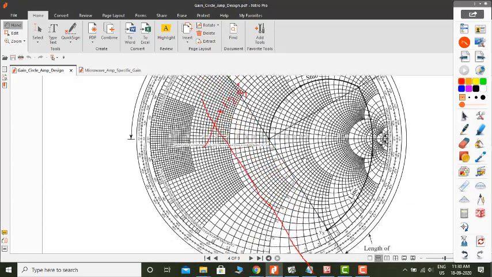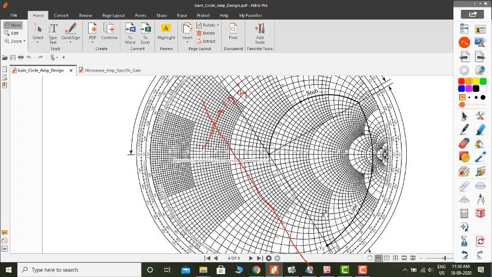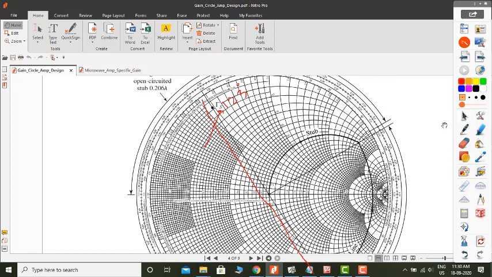Afterwards, from the center of the Smith chart, which corresponds to 50 ohm line, you mark some arbitrary point on the unit circle.